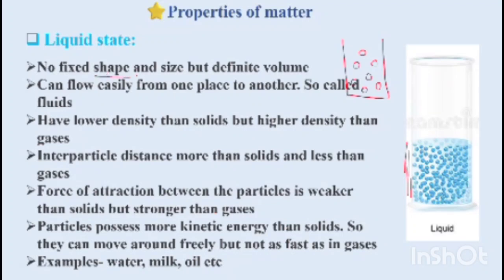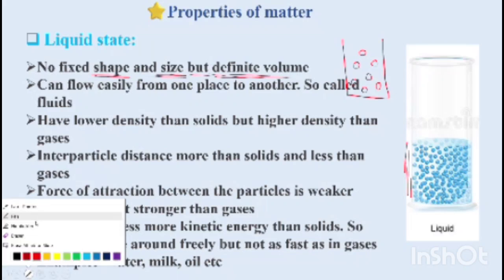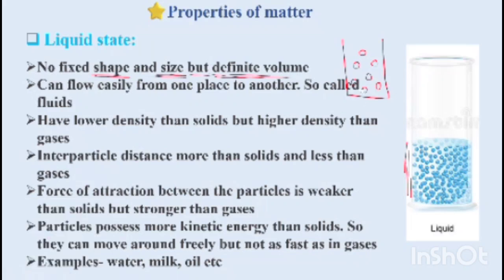The liquid state does not have any fixed shape and size but has a definite volume. This is very important. It does not have any fixed shape. You must have seen that if we take water in a beaker, it takes the shape of the beaker. If we fill water inside a glass, it will obtain the shape of the glass.